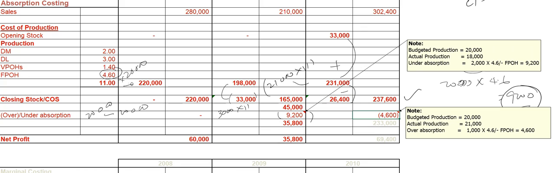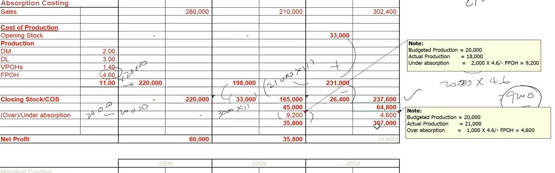So therefore, that has to be removed from the profitability. So I'll make this adjustment, 302,400 minus 237,600, which will be 64,800, your gross profit.